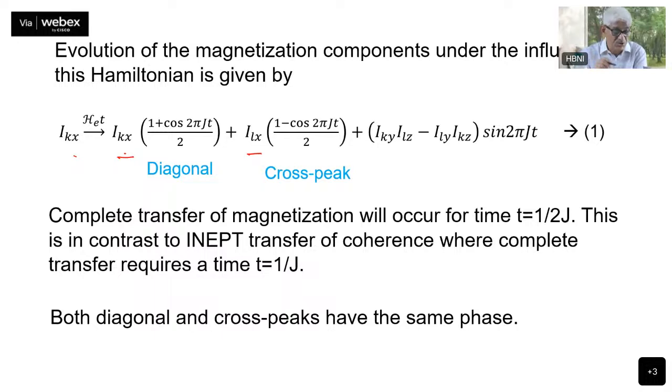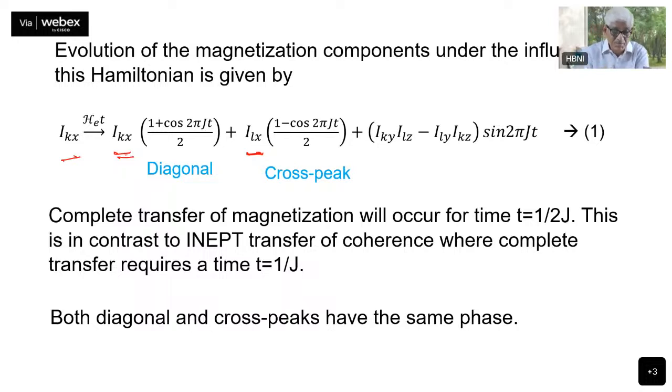In the double quantum filtered COSY, of course, we got antiphase terms, IKX ILZ and ILX IKZ, so 2 IKX ILZ, that is what it is. Here we are getting in-phase transfer. IKX giving you IKX and ILX. So these are in-phase terms.